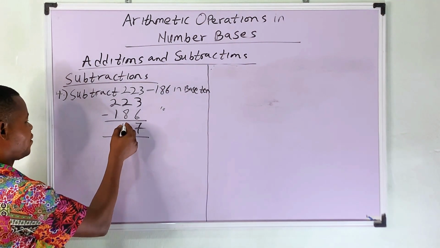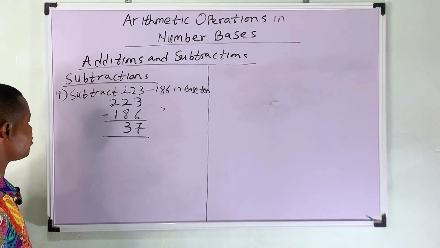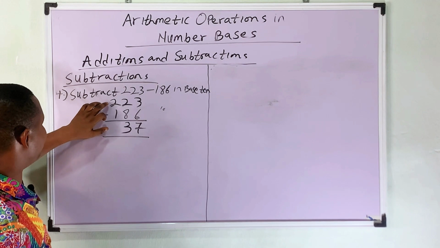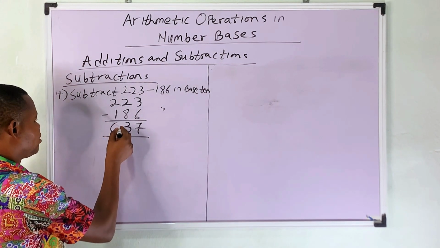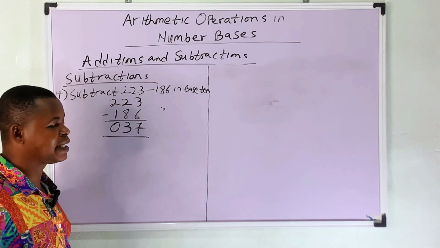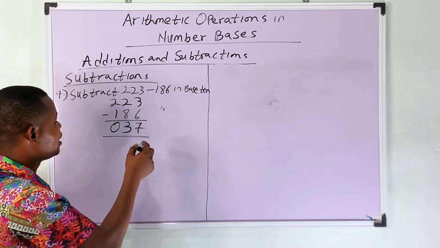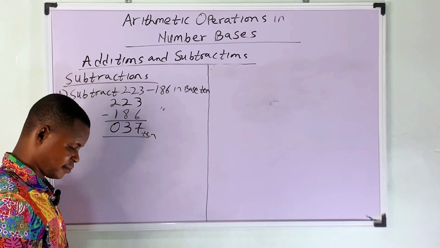That is 3. So we have 1 left here. 1 minus 1, that will give us 0. So that means 223 minus 186 in base 10 will give us 37 in base 10.